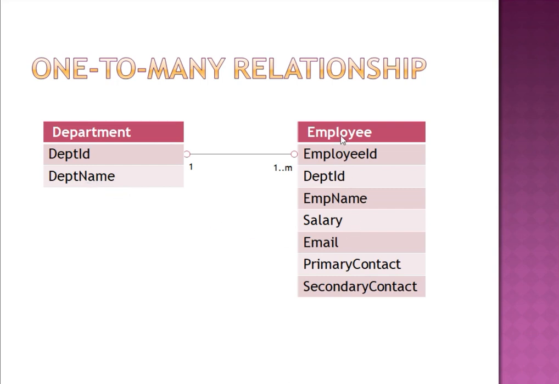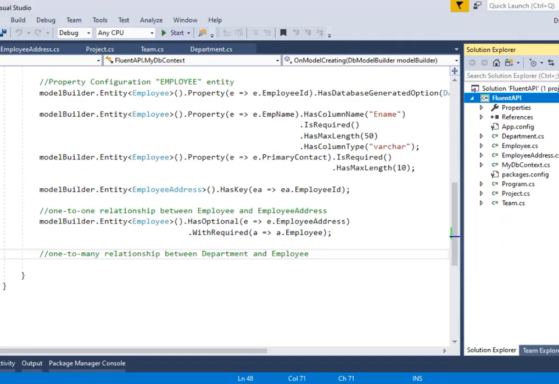That's why when we establish the relationship between employee and department, we say WithRequired. And when you establish the relationship between department and employee, you say department HasMany employees. Now let us implement it in Visual Studio.